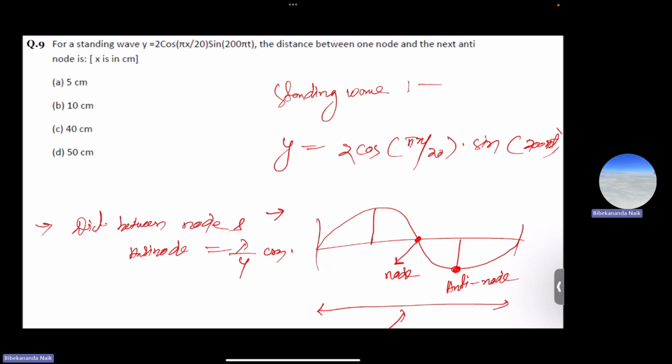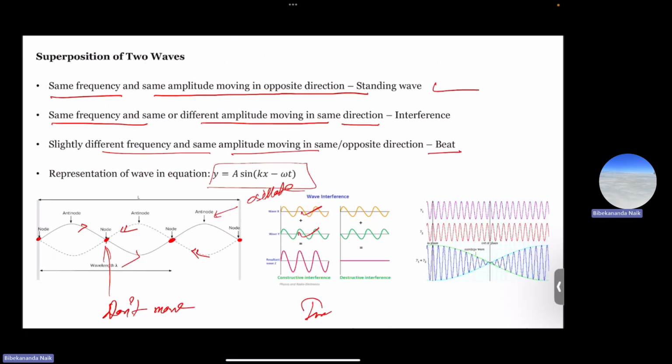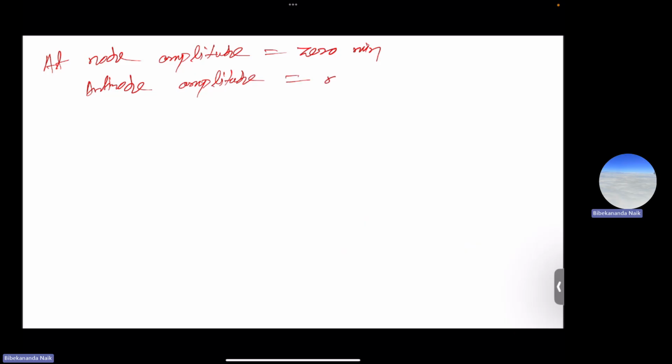So one thing also you see, at node amplitude is 0, at antinode amplitude is maximum. So if we use this, then at node amplitude is 0 or minimum, at antinode amplitude is maximum.